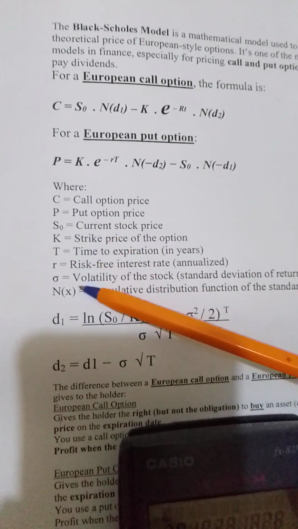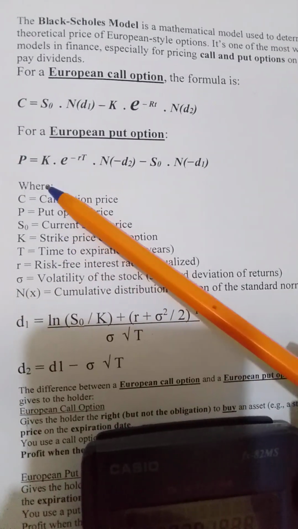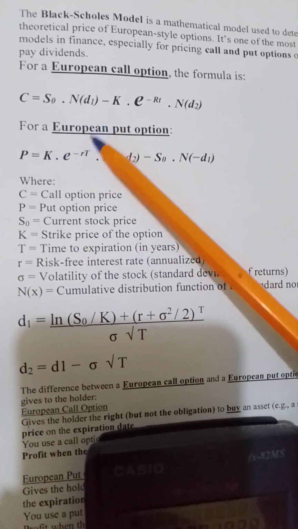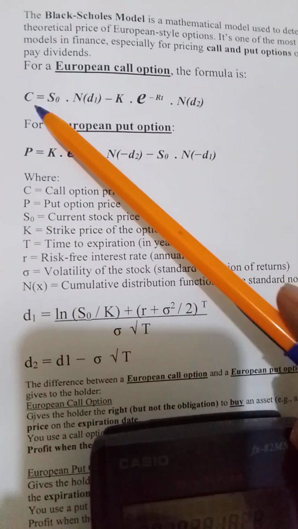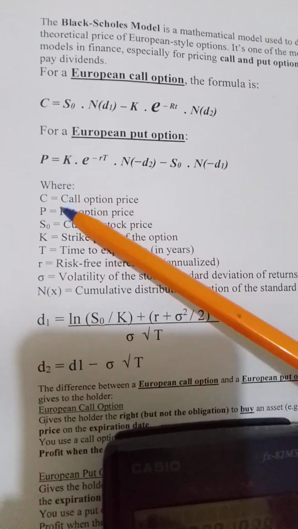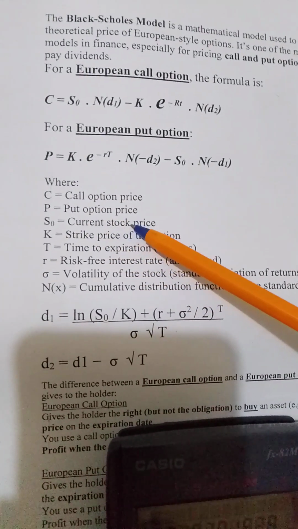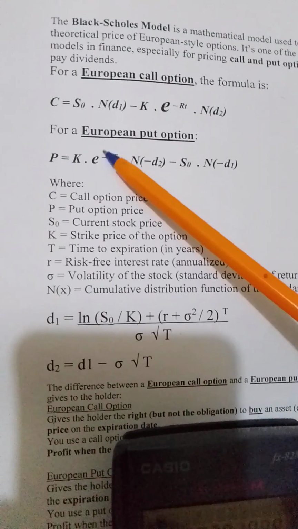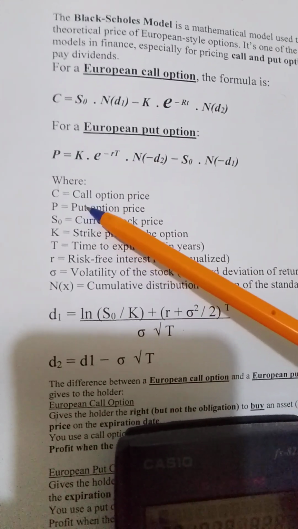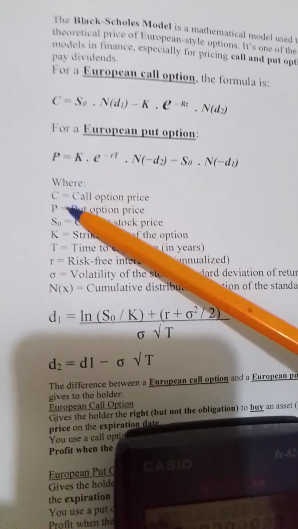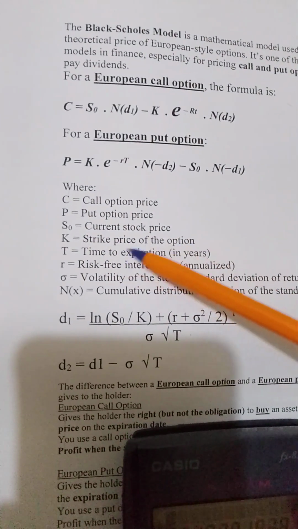Now, the explanations are here for whatever appears in that formula. Here C, we have said, means call option price. S subscript 0 is the current stock price. Then we have P, the put option price. Then K, the strike price of the option.